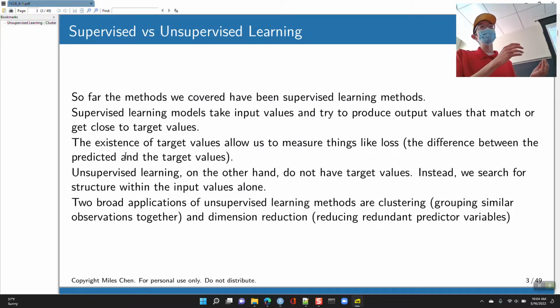With the neural network, you had the iris species, and you want your inputs to come out so that it matches that output, okay? So that's supervised. You have a target value, and you have your prediction, and we're able to measure the difference between the target and the prediction, okay?